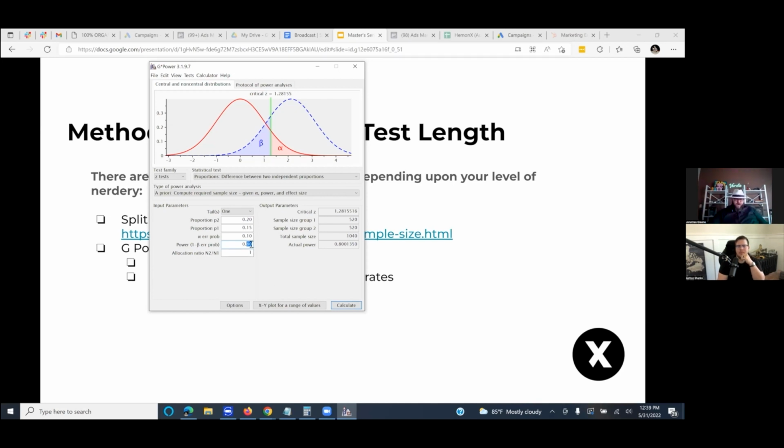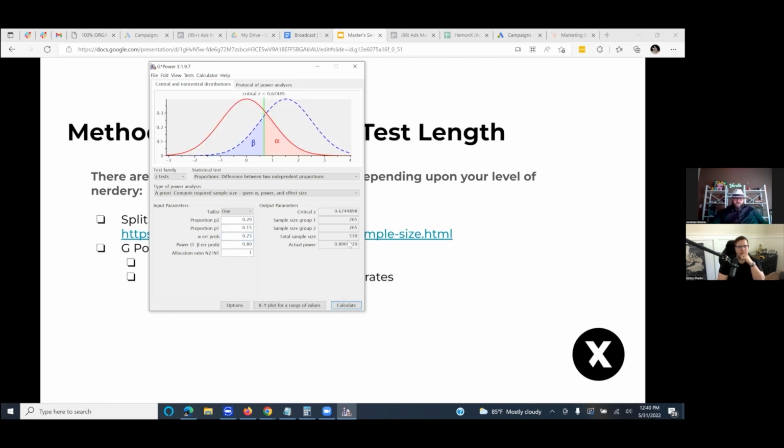So there are times where I will change my alpha to 0.25 because it looks like a test is going really well, which means my level of confidence would then only be 75%. But I'm making a business decision because I'm in a hurry. Usually a client is breathing down my neck and wants results now, so I'll change my alpha to 25.